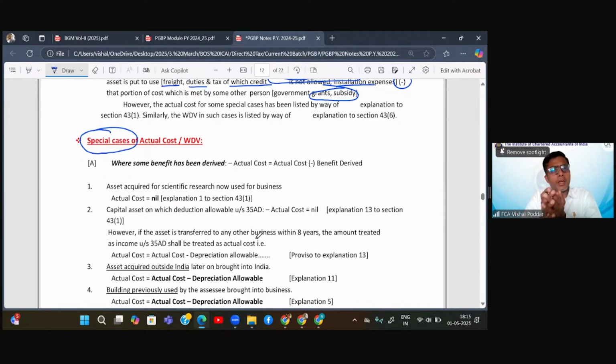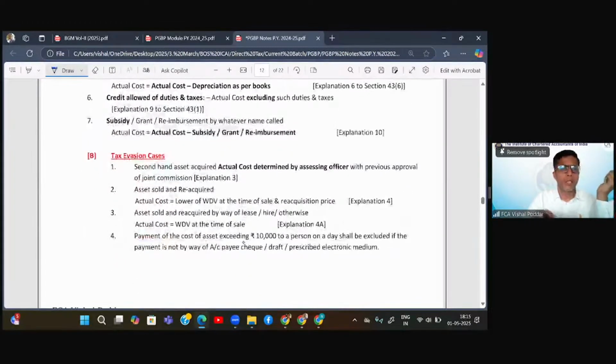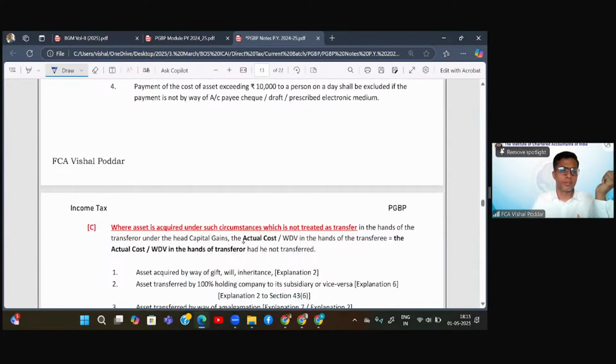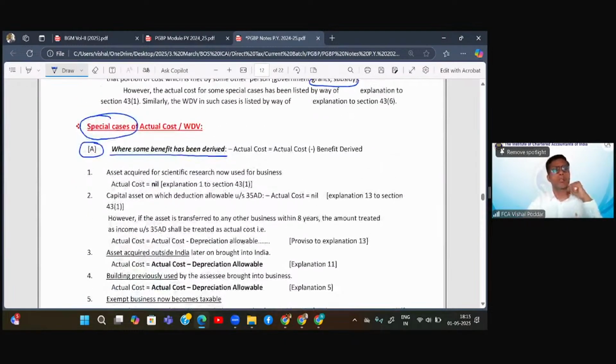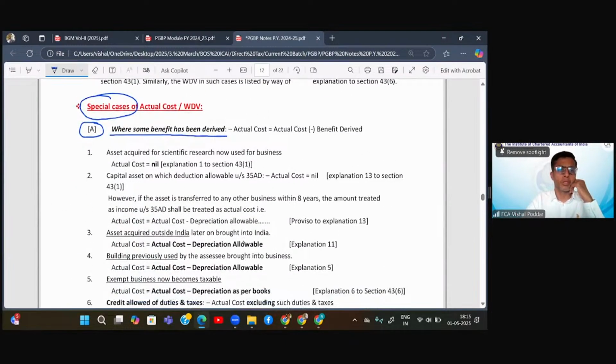It is very difficult to remember each and every one of the 25 case scenarios, but I have bifurcated them into three broad categories. If you understand these three categories logically, it won't be difficult to remember. According to me, there are three broad categories in which all these special case scenarios of actual cost are covered. So the first category is where some benefit is derived.